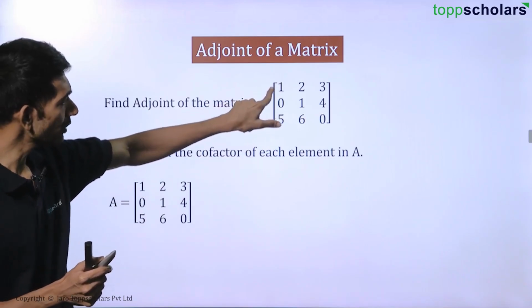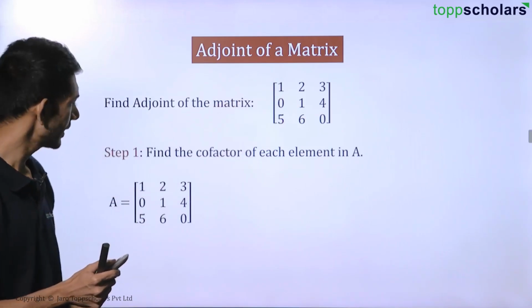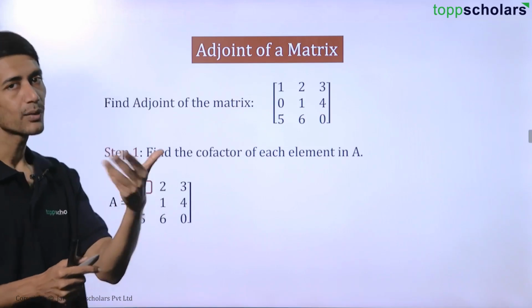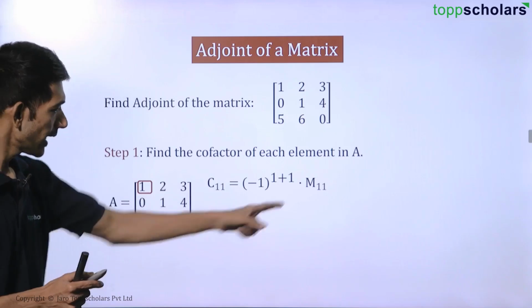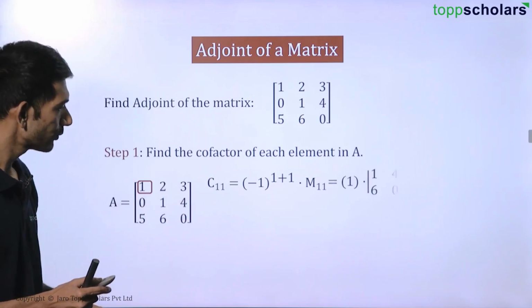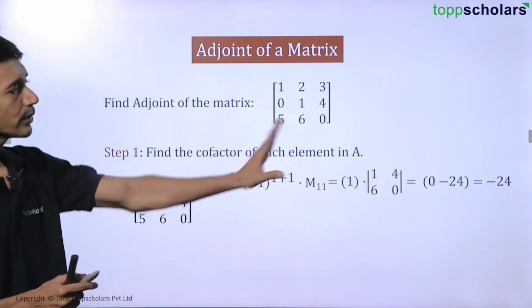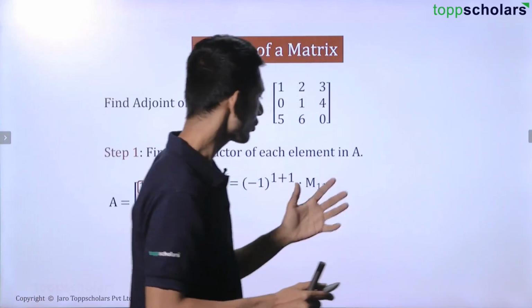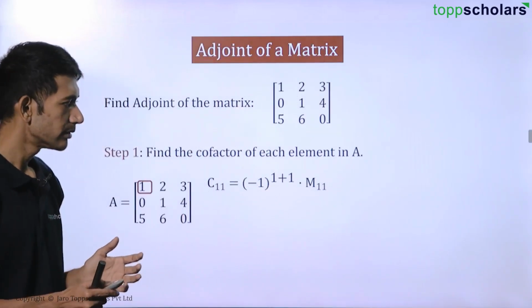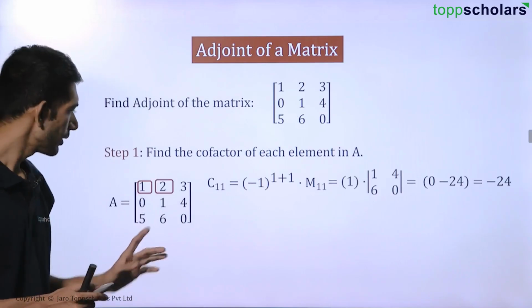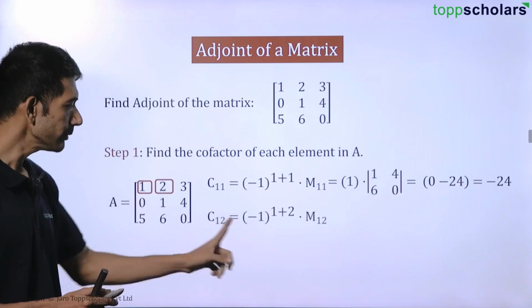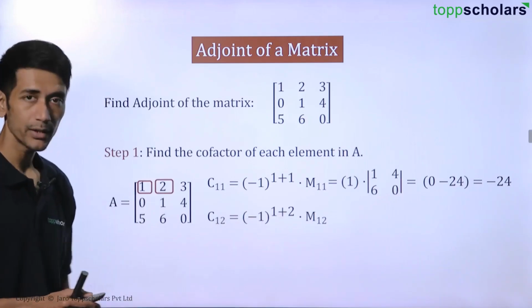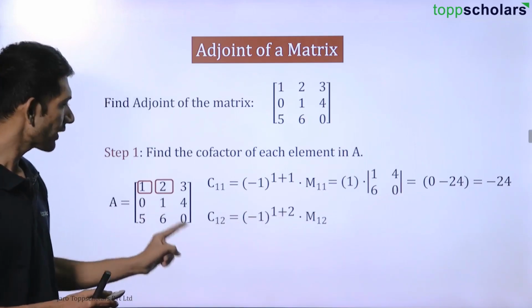So firstly, let us focus on finding the cofactor of A11. How do we do that? Minus 1 raised to 1 plus 1, M11. Correct? M11 is 1460. You solve that, you get minus 24. So this is going to be a bit lengthy procedure. Now let us focus on finding C12. First row, second column. Minus 1 raised to 1 plus 2, M12. For M12, you will take 0540.